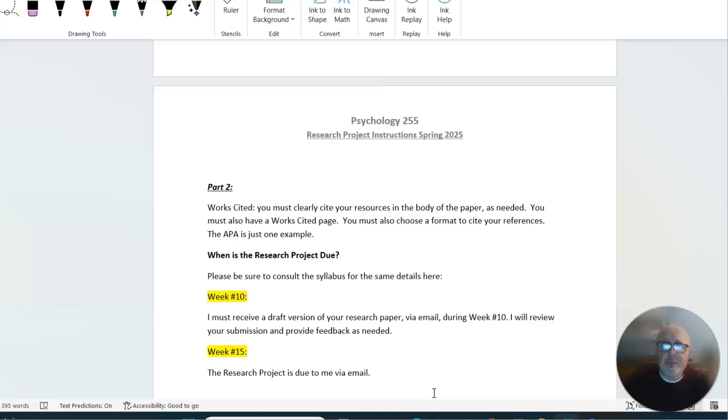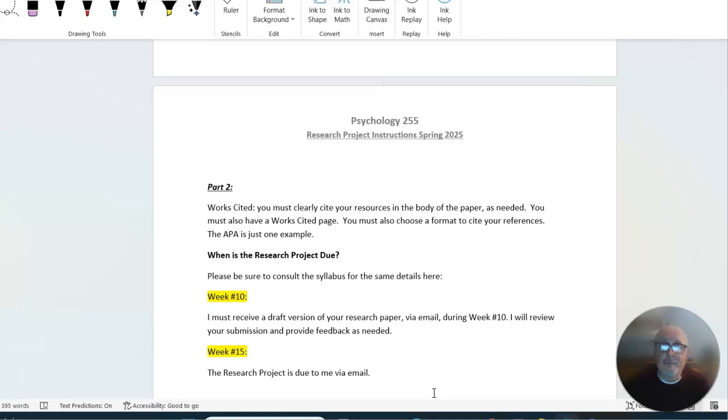I happen to like the American Psychological Association's style for citing sources and references, but overall I want you to just tell me what the sources are. I'm not as jazzed about what style you choose, but I do happen to prefer the APA style. That's just my thing.